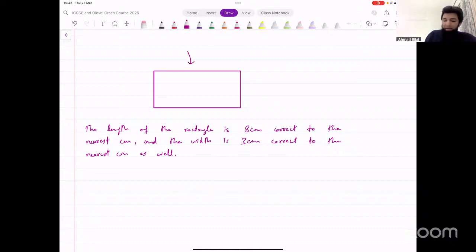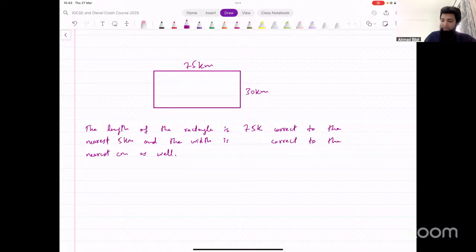And let's say one side of this is maybe 75 kilometers, and then the other side is maybe 30 kilometers. And what you're doing is, you're saying the length of this rectangle is 75 kilometers, correct to the nearest 5 kilometers.